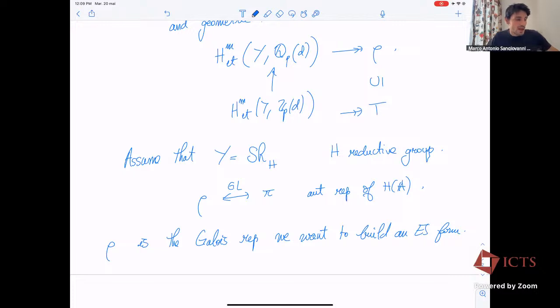One motivating theme of Chris's lecture yesterday is that he was motivated by the presence of an automorphic integral computing the L-function of rho, or in this case pi.